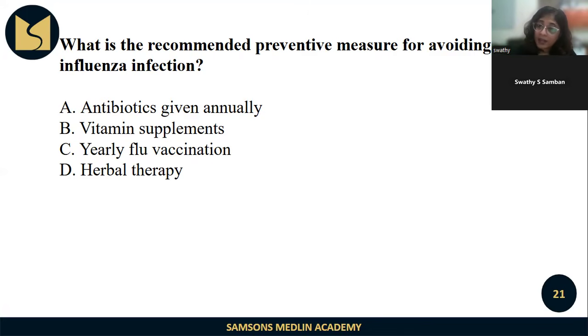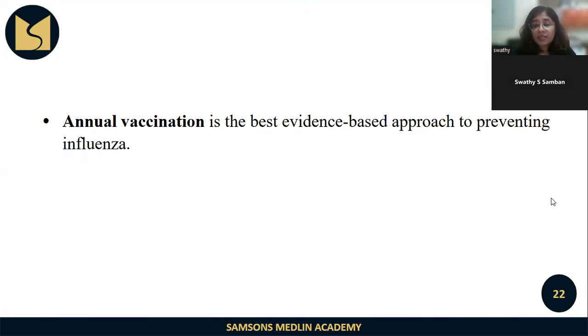So the right option is C, the yearly flu vaccination. In other countries, the whole population gets the yearly influenza shots to prevent the flu seasons. Annual vaccination is the best evidence-based approach to preventing influenza. So that's the right answer.